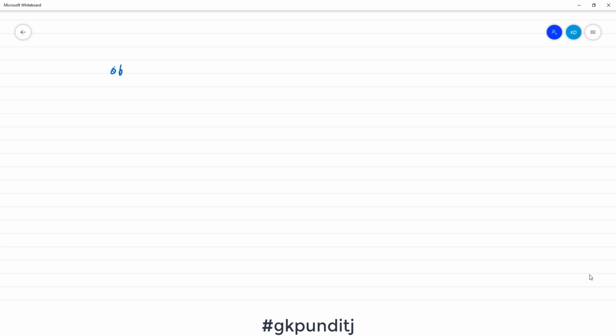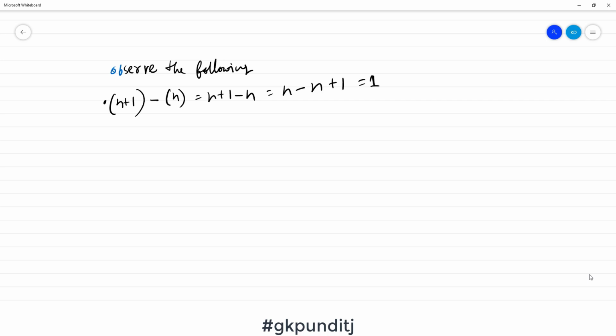So let's observe the following. n plus 1 minus n is equal to 1.